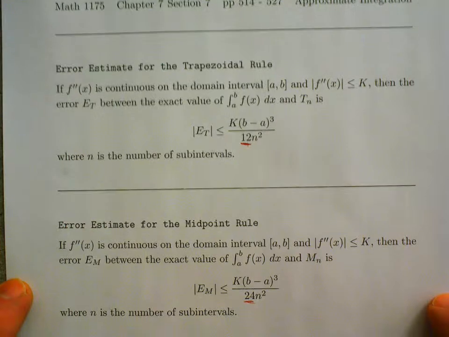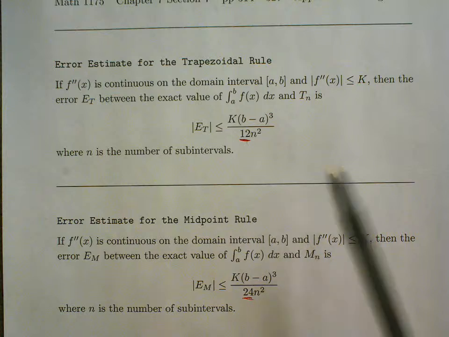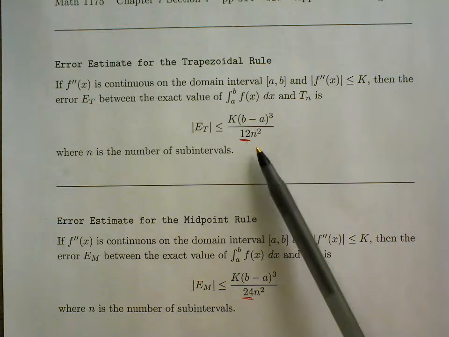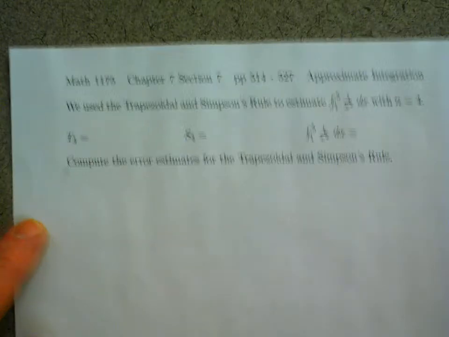So these are the formulas for calculating how exact an approximation will be for a given value of n. Okay, so we'll put a couple of those error estimates to use.